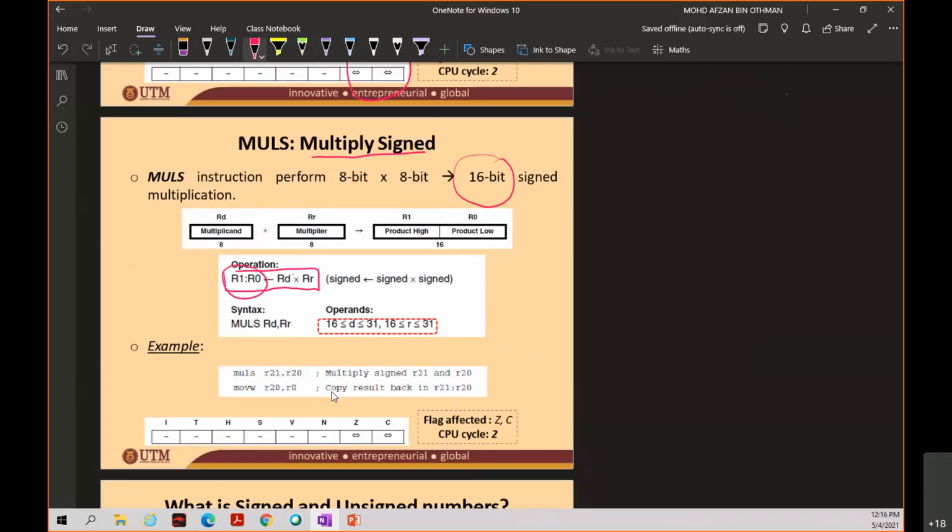So this is the syntax: MULS RD, RR. For the MULS, the operands RD and RR must be from R16 to R31. Again, only two flags are affected, which are the Z and C flags.